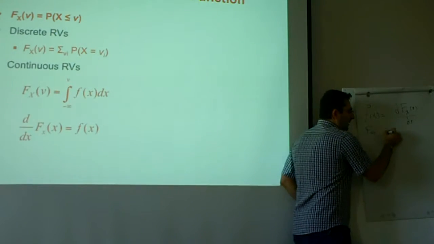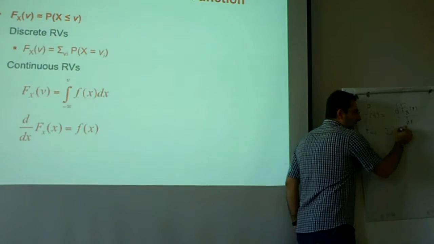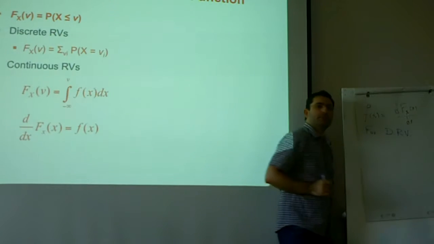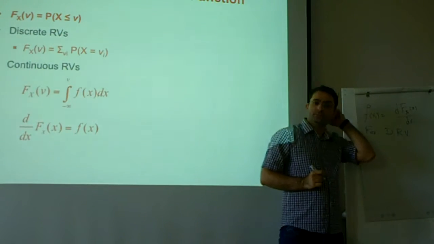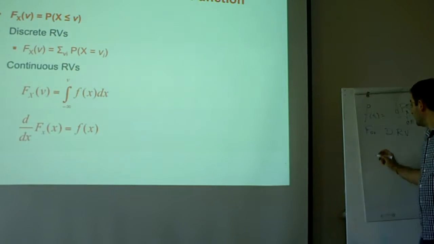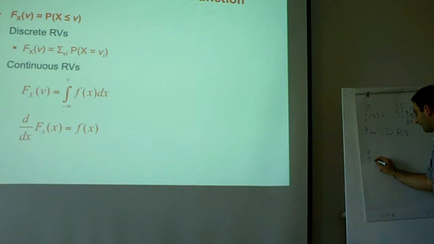For a discrete random variable, how can I define this formula? What is f(x)?